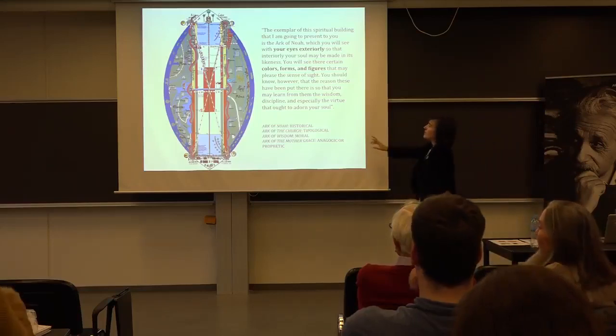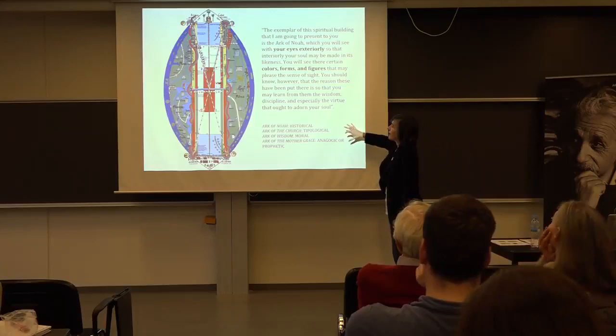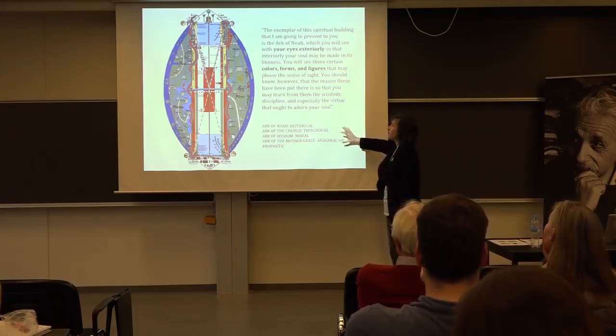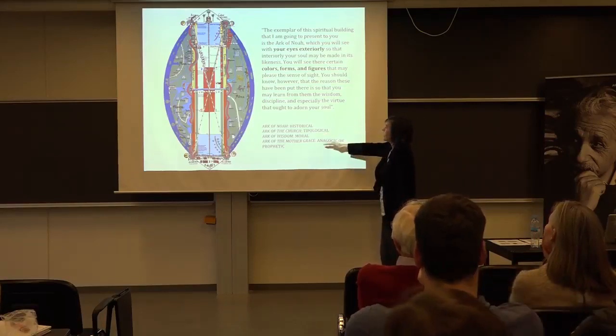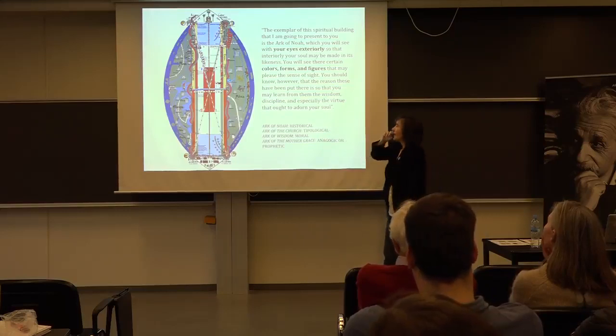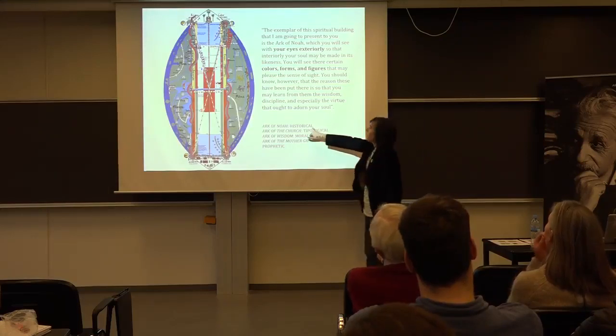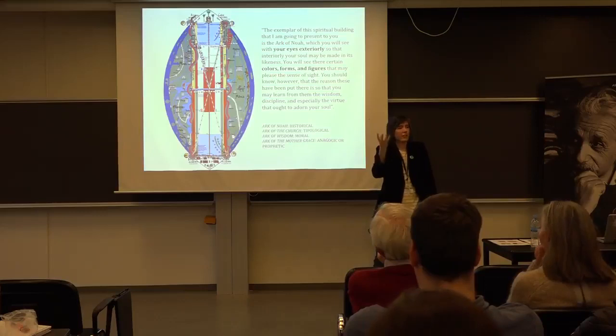So what he tried to do with this image is to construct a conceptual building where to accommodate these four interpretations of the Ark of Noah. So according to the four ways in which the Bible was read, we can think of the Ark of Noah as a historical event, historical object.